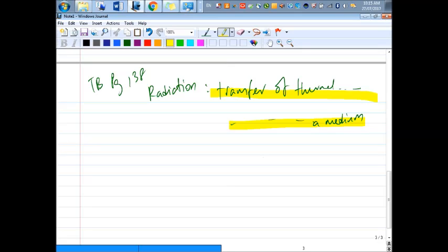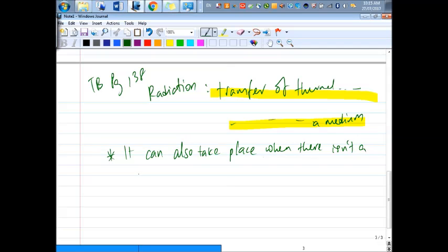Okay, so I want you to include this point. It can also take place when there isn't a vacuum.